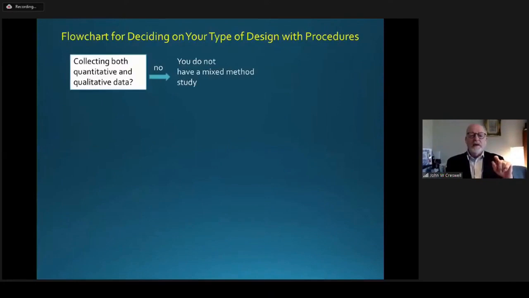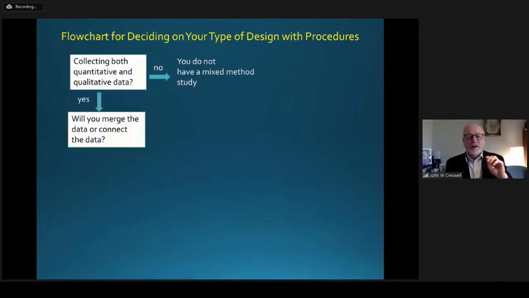So in time, we began thinking about how to decide what type of mixed method design you have. And I developed this flow chart. First, are you collecting both quantitative and qualitative data? If the answer is no, you don't have a mixed method study.